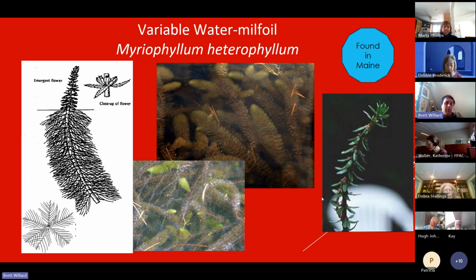This milfoil is one of our milfoils that flower above the surface. Milfoils can be further divided into groups by those that flower above the surface and ones that flower below the surface. In Maine, all of our invasive milfoils flower above the surface.